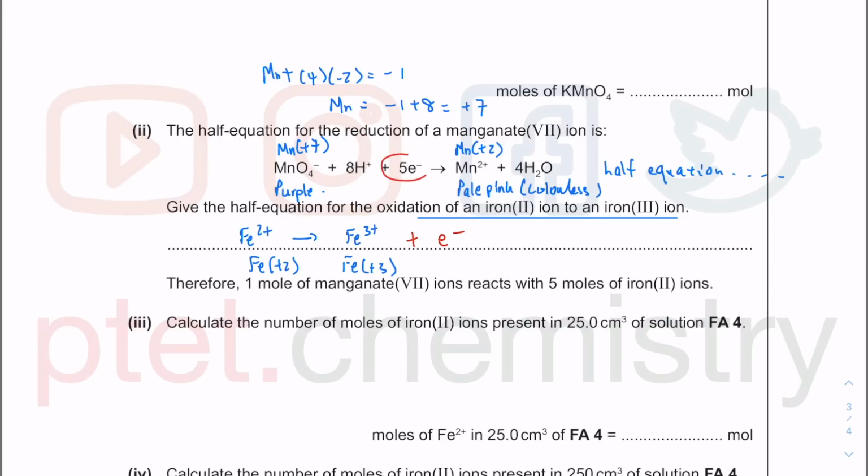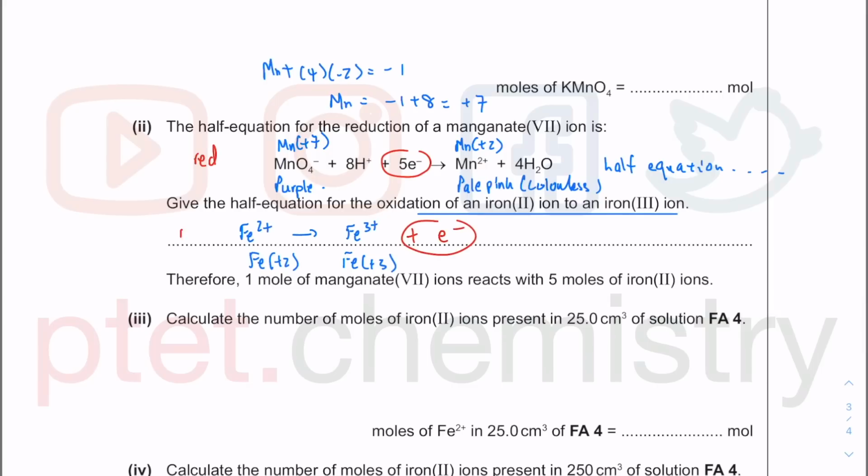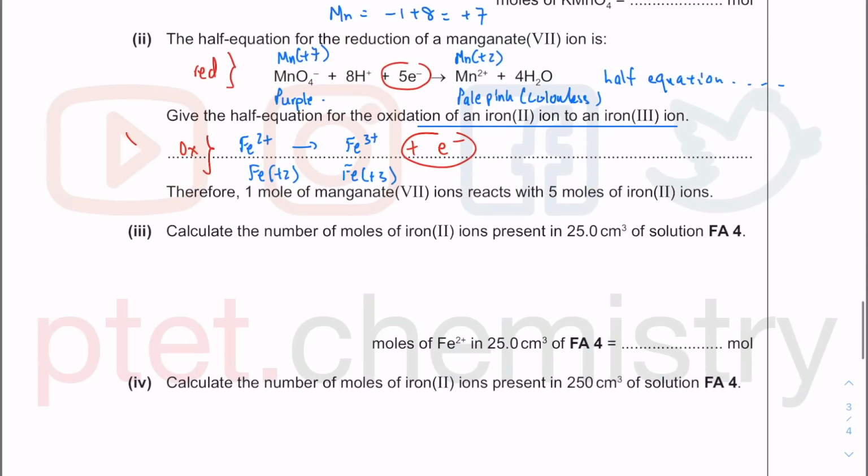You will see 5 electrons and 1 electron. This is your reduction. This is your oxidation. So when you want to combine them together, you need to multiply this whole thing by 5 because you need to cancel the electrons. Primary school lowest common multiple, and hence 1 mole of KMnO4 reacts with 5 mole of Fe2+.